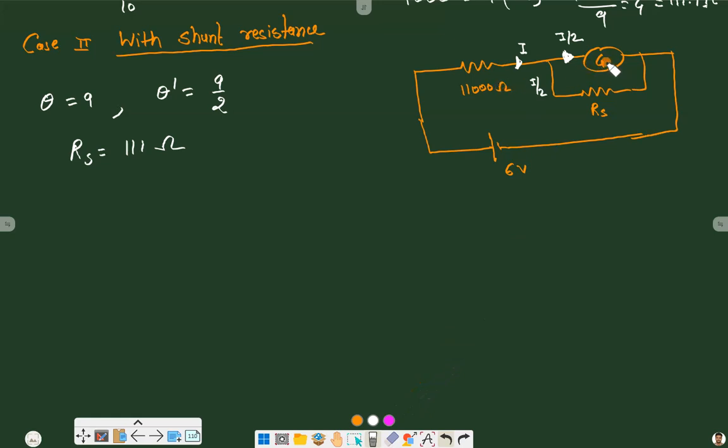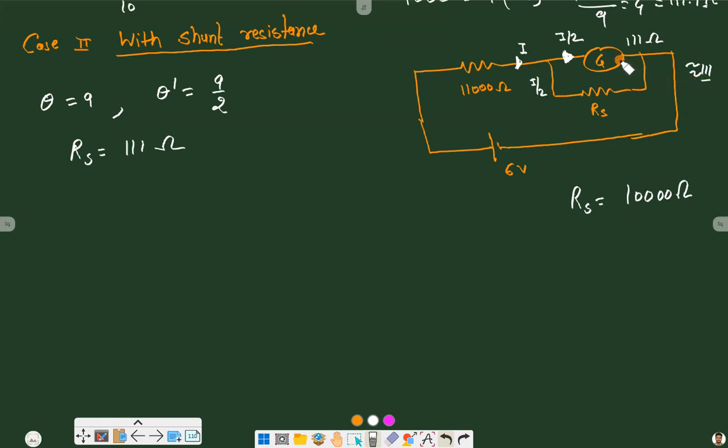We can see that the galvanometer's resistance is 111 ohm, and when we have two resistances in parallel, their parallel combination is always less than the lowest resistance.